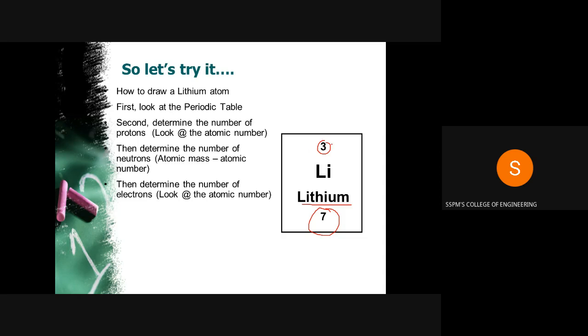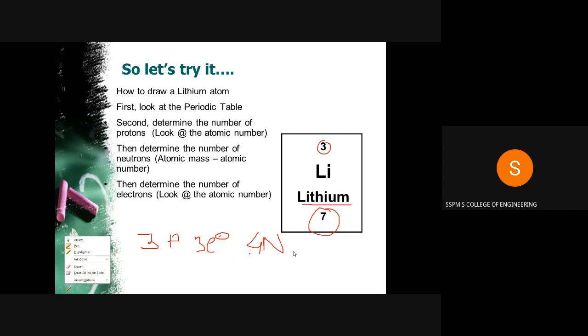So 3 plus 4 means here 3 protons, 3 electrons, and 4 neutrons. Means 4 plus 3 is equal to 7. And 3 electrons are present in lithium.